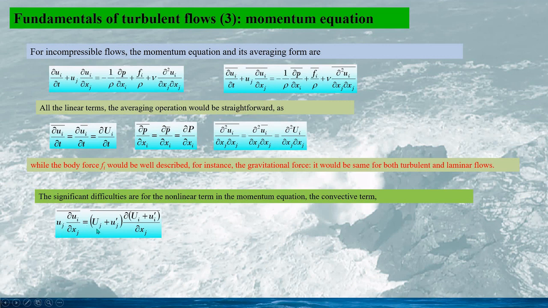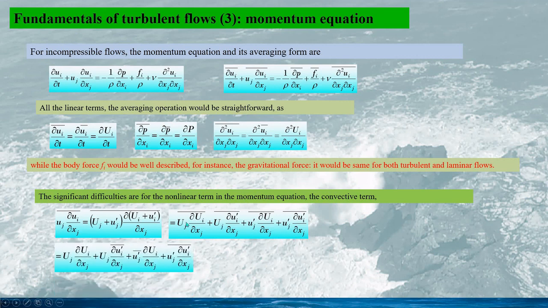As this, we substitute the mean and fluctuating velocities into the expression, and average the terms as this. Since the mean values Ui and Uj are constants for the averaging operation, we can take them out. So we have the expression as this.